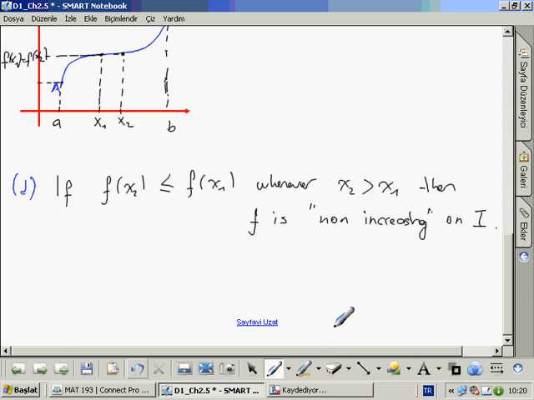Let's continue with the theorem about increasing and decreasing.